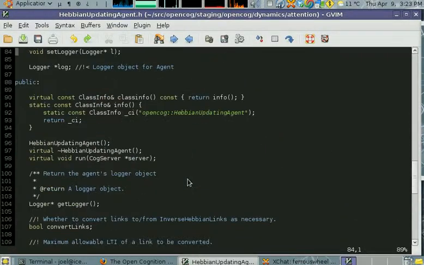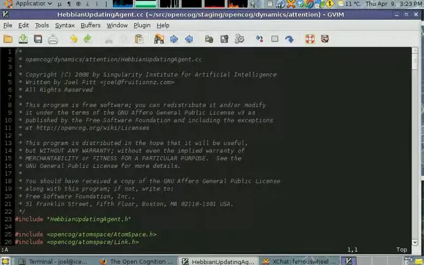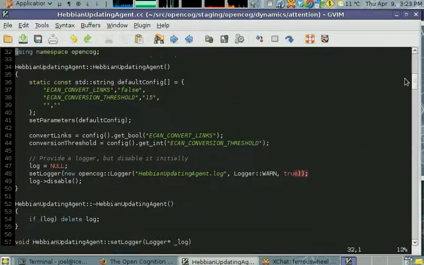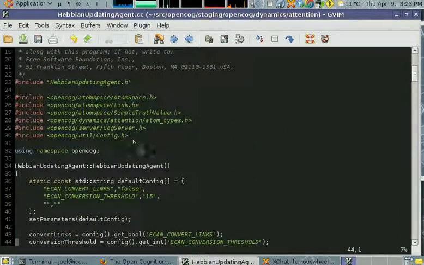There are some tricky bits, because there are different types of Hebbian links. Firstly there are straight Hebbian links, which are a symmetric positive correlation between two atoms.